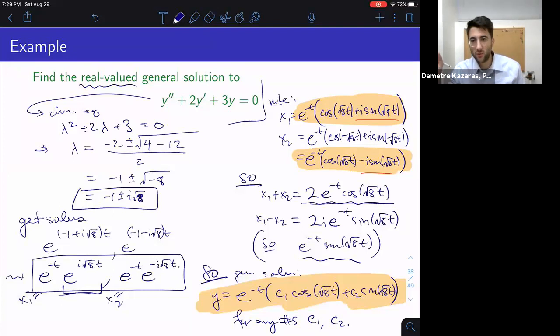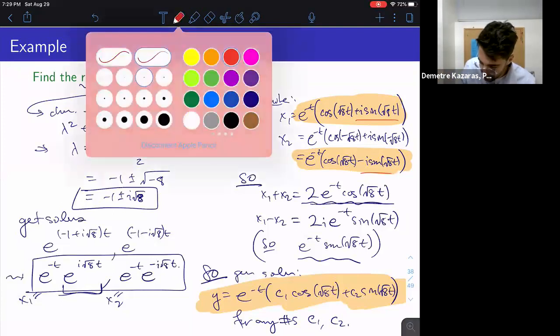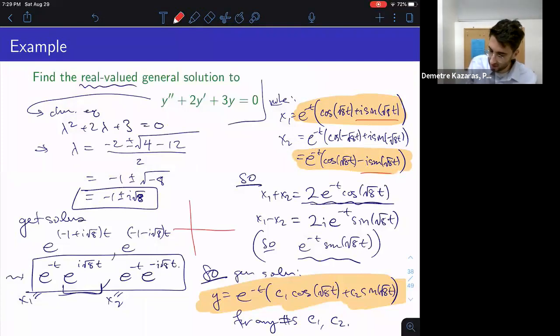So very nice. By the way, notice that I'll just graph it in red here. This function will have the following kind of rough behavior. It looks like e to the minus t times the trig function. So that'll look like it's oscillating, but then the oscillation gets dampened by the e to the minus t, because e to the minus t goes to 0 as t goes to infinity.